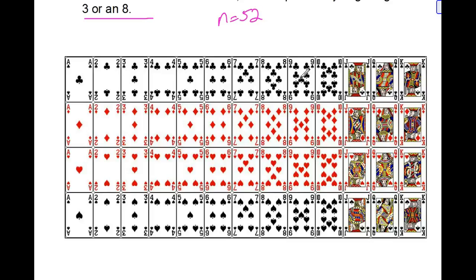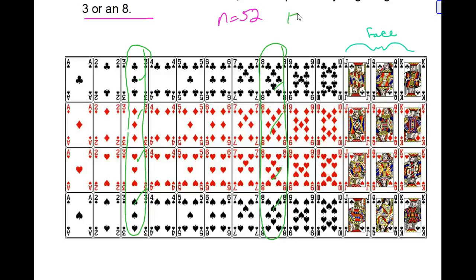When we're talking about the deck of cards, the ones here are considered your face cards because they actually have a face on them, okay? You have to be a little bit careful when you're looking at the deck of cards. But here we want to look at a 3 or an 8. So we're wanting to know the 3s or the 8s. Basically we have 1, 2, 3, 4, 5, 6, 7, 8 possibilities.